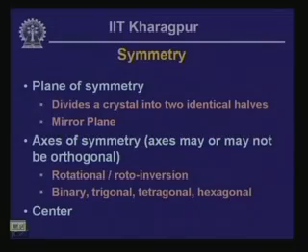For example, we can have binary symmetry, trigonal symmetry, tetragonal symmetry, hexagonal symmetry, and what it means is that in case of binary symmetry, if we rotate the mineral about the axis of symmetry, then an identical physical appearance is going to repeat after the mineral rotates by 180 degrees.